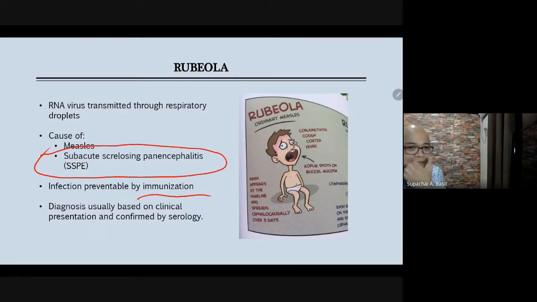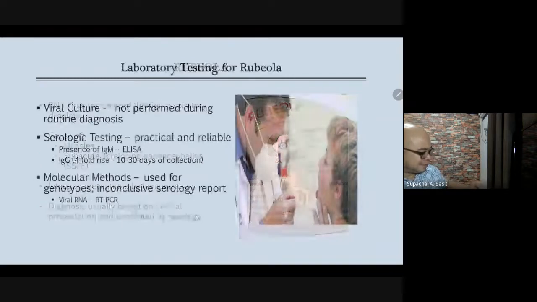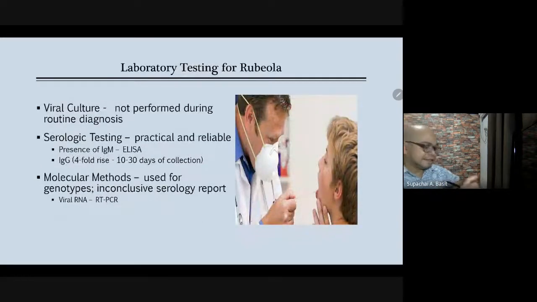So, diagnosis is usually based on clinical presentation and can be confirmed through serology. The viral culture is not performed during routine diagnosis, but serological test is more practical and reliable. During the acute phase, there would be IgM, and the one that is considered significant is the four-fold rise of the IgG titer, with a specimen collection interval of 10 to 30 days.